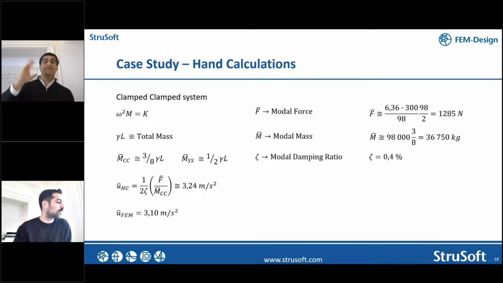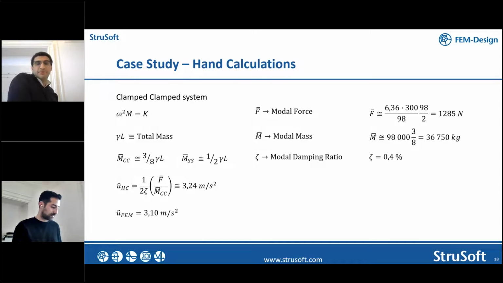Well, if it's simply supported, we know that the modal mass will be half of the total mass. And if it's clamped, you would need to compute a bit more, but that's around 3/8, around 40% of the system, more or less. But this is in a very idealized case. It's good to bear these values in mind, because they will give you information about your system.